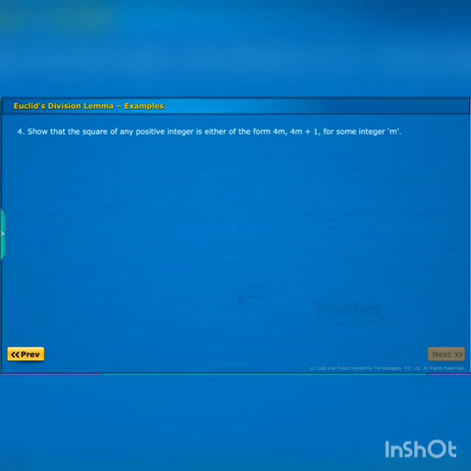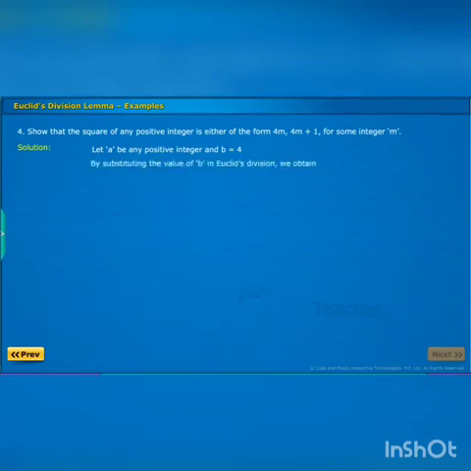Problem 4. Show that the square of any positive integer is either of the form 4m or 4m plus 1 for some integer m. Solution. Let a be any positive integer and b is equal to 4.